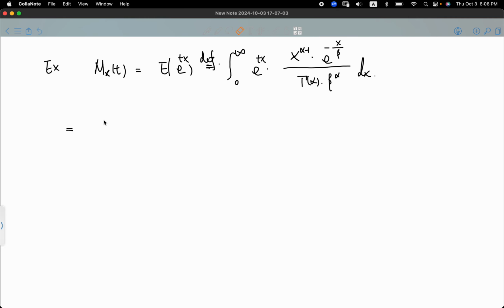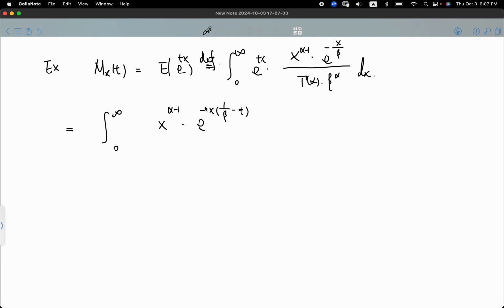So let's rewrite the integral in the following way. x raised to the power of alpha minus 1, and let's rewrite the exponential in the following way: negative x multiplied by 1 over beta minus t.